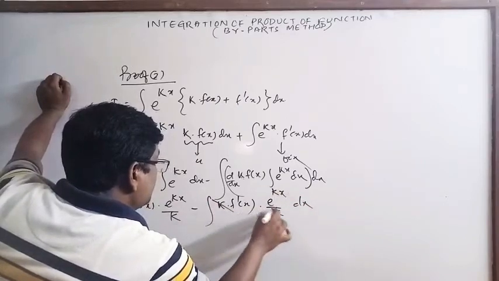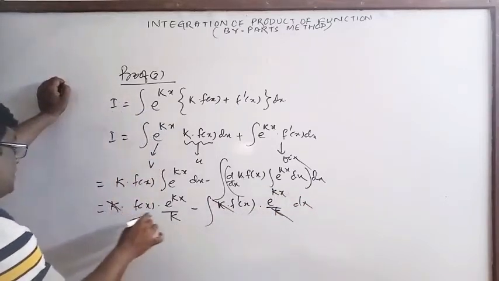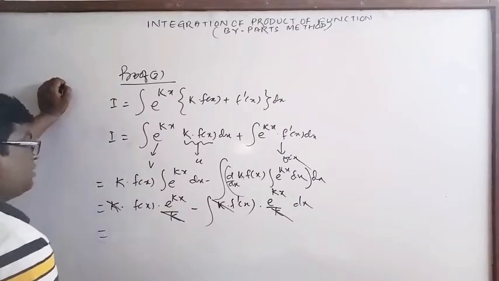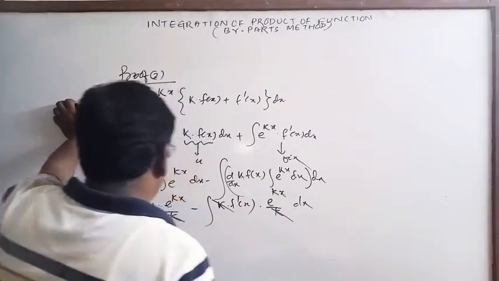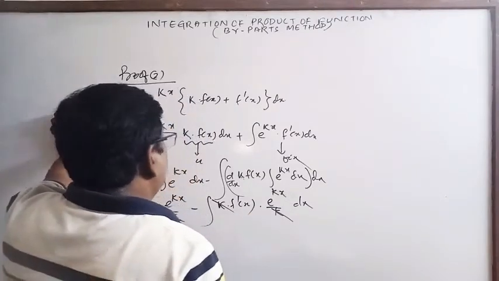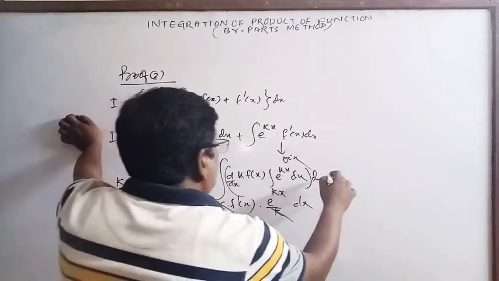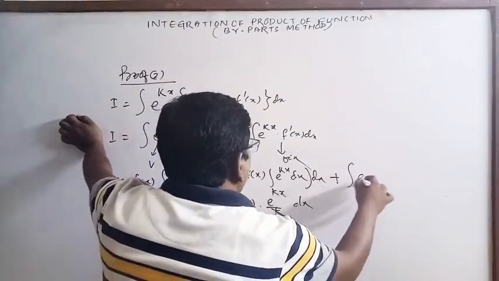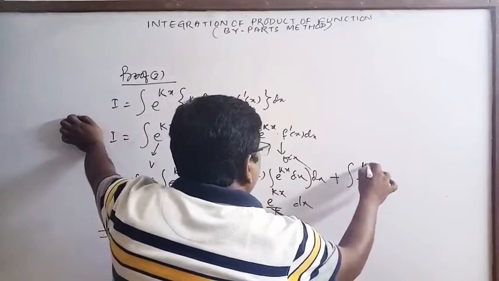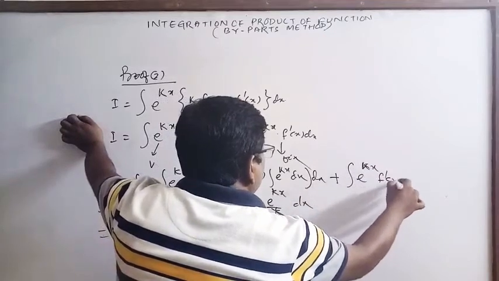So k cancels here, k cancels, and plus the fixed term, this is e to the power kx f dash x dx.